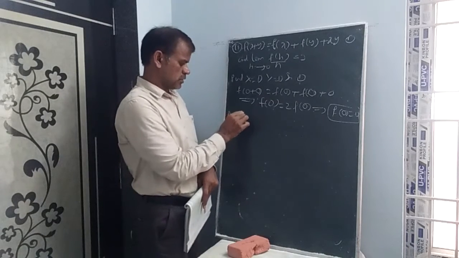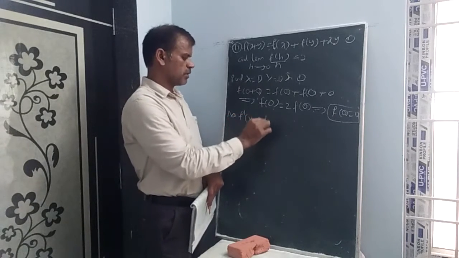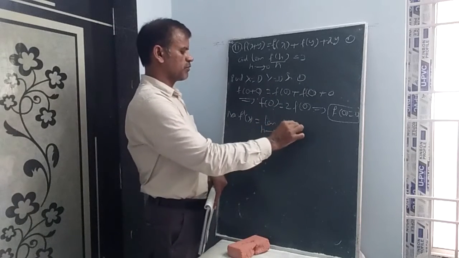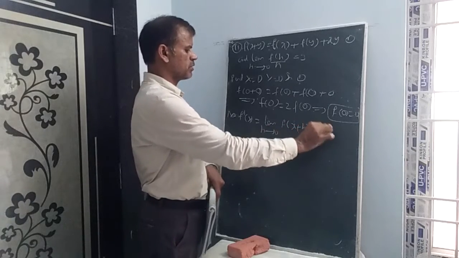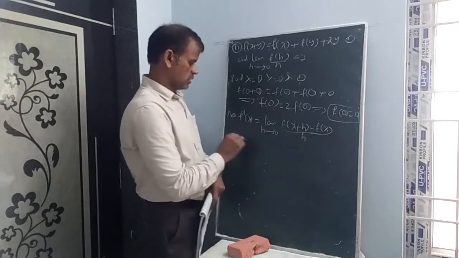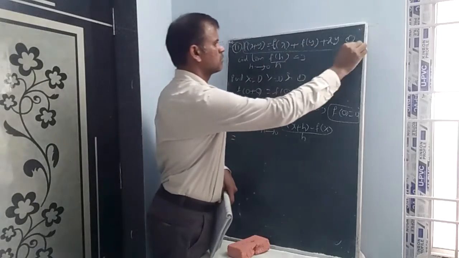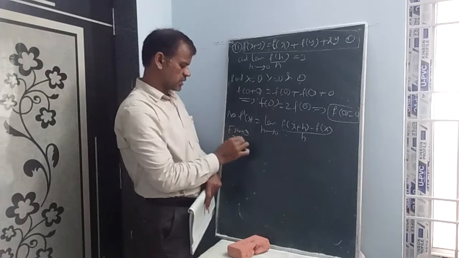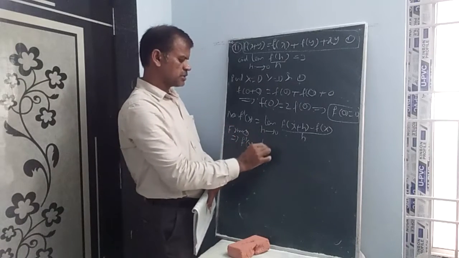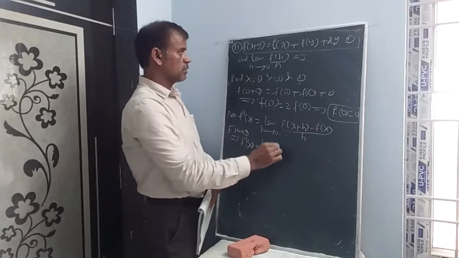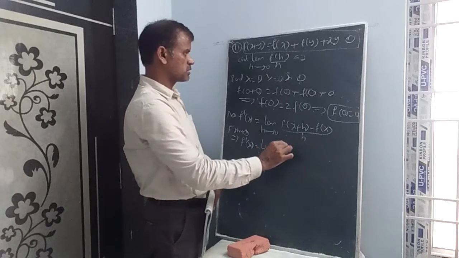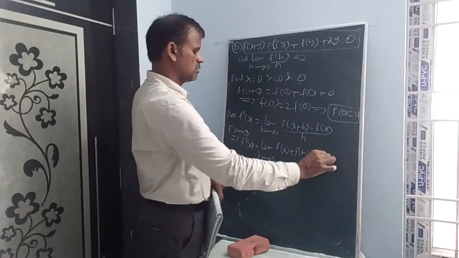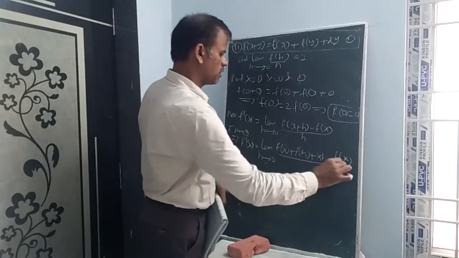Now write like this. F dash x formula: limit h tends to 0, (f of x plus h minus f of x) whole by h. Apply this formula from 1. Using 1, f dash x is equal to limit h tends to 0, (f of x plus f of h plus xh minus f of x) whole by h.